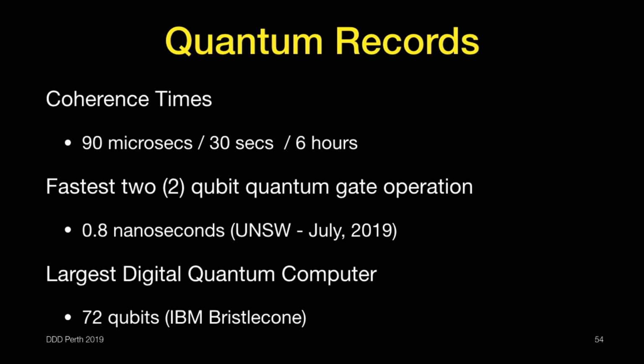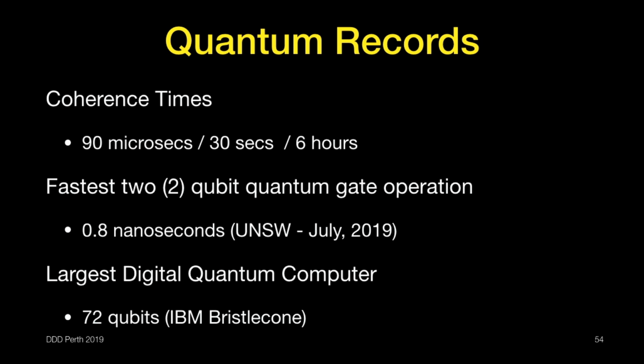A team of researchers at UNSW have shown they can do a qubit operation in 0.8 nanoseconds. So that gives us quite a bit of chance to do operations before we decohere and lose the quantum state. And the largest digital computer currently that I know of is 72 qubits, built by IBM, the Bristlecone processor.